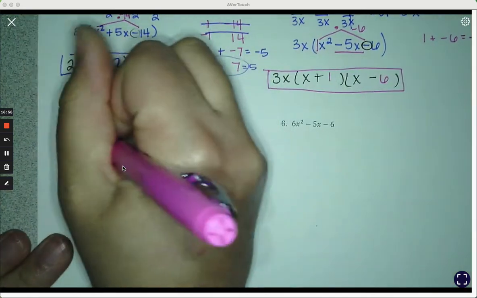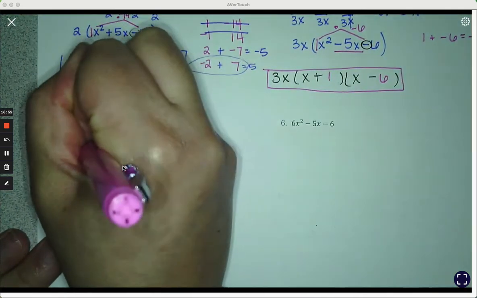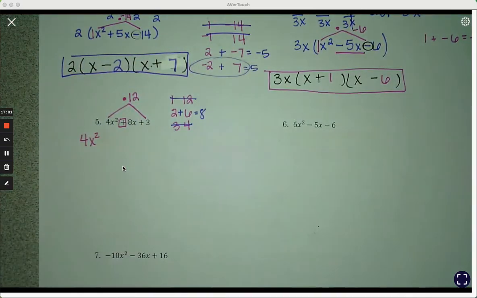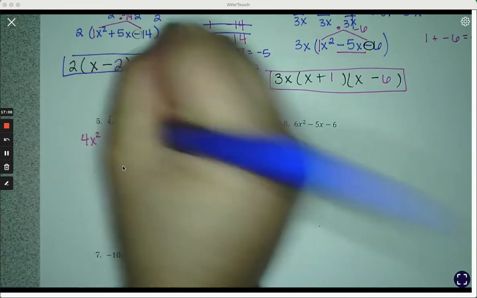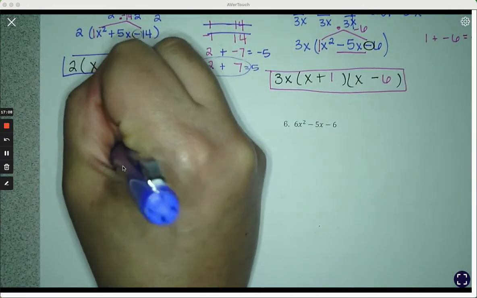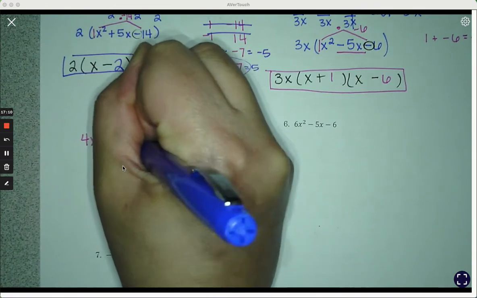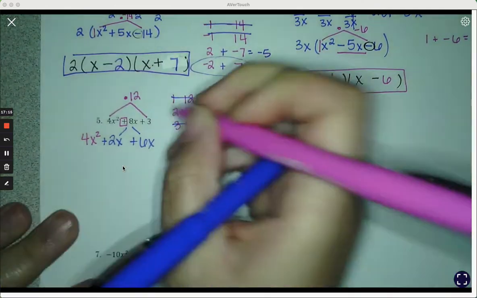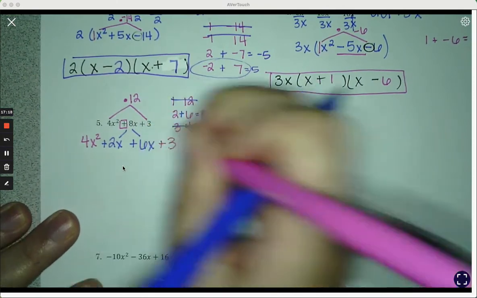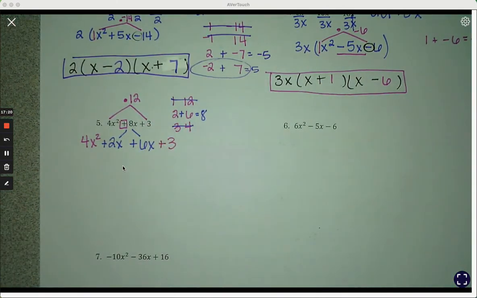We're going to bring down that 4x squared, and rewrite this 8x as a plus 2x and a plus 6x plus 3. So all we did was rewrite the 8x as a 2x and a 6x. Can I do that? Absolutely.